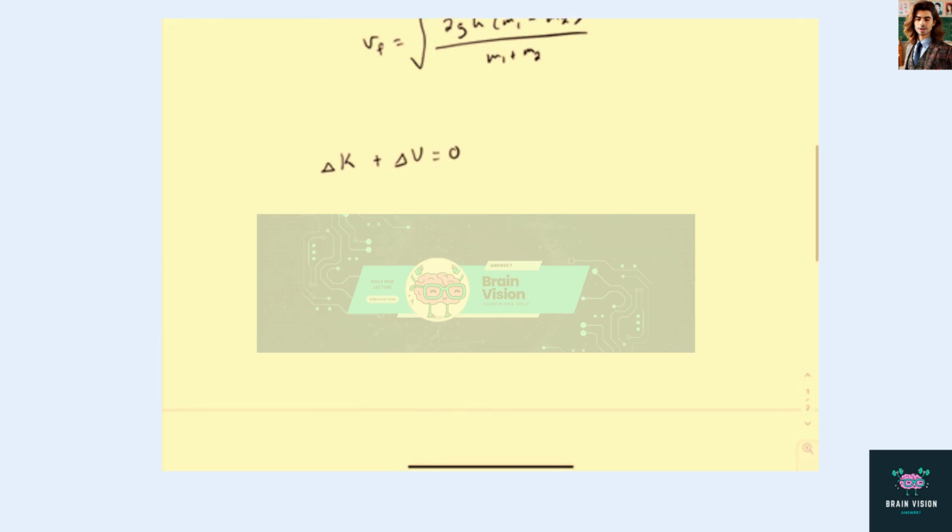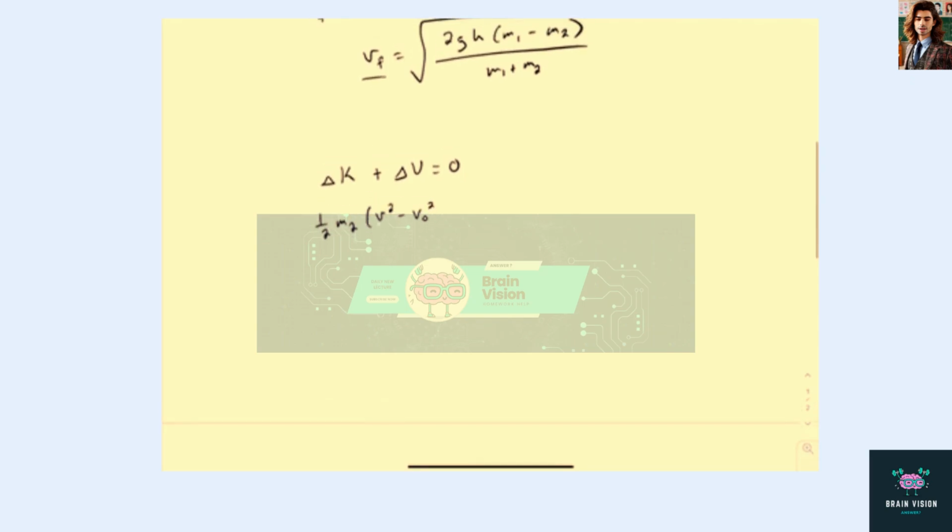Now, our change in kinetic energy is going to be 1/2 times M2 times our V final. I'll just say V squared so we don't get confused with this one. Minus V initial squared, which is actually the V final from part 1.